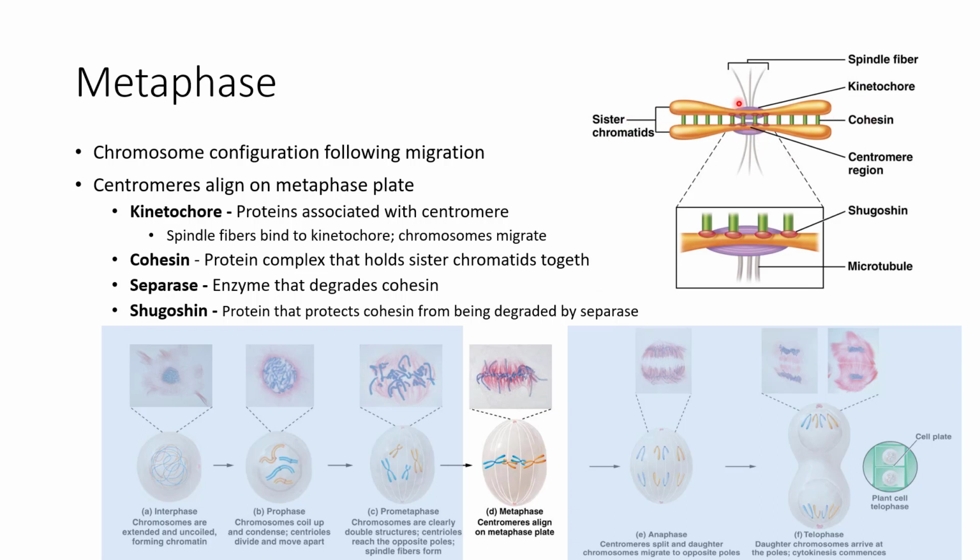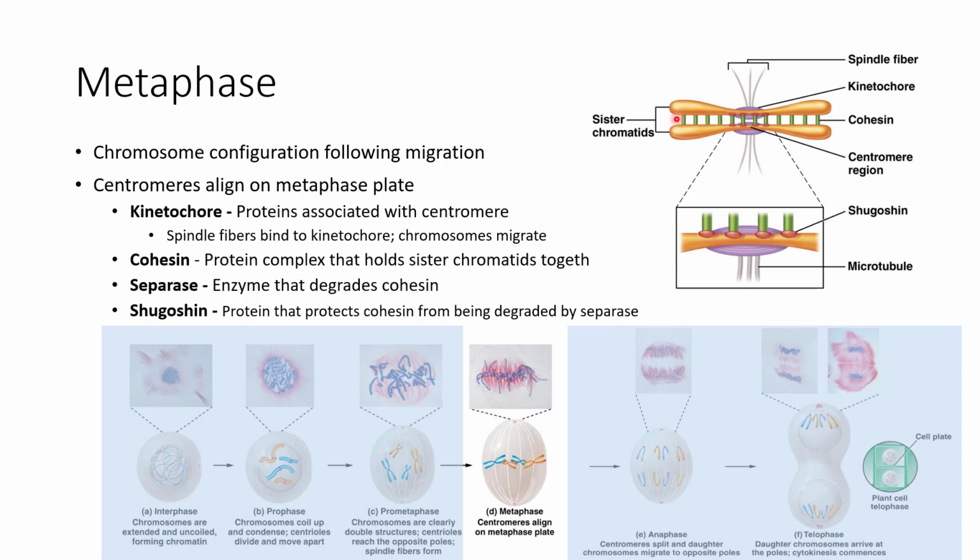What those proteins are that are associated: we have the kinetochore proteins, and then there's a couple other proteins that are important. We have cohesin, which are these proteins that actually hold the sister chromatids together. They kind of form between the two strands. Okay, we have shugoshin, which is a protein that is found primarily in the centromere, and it protects the cohesin proteins from being degraded.